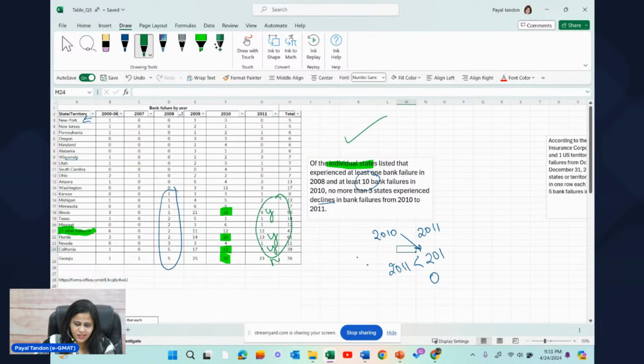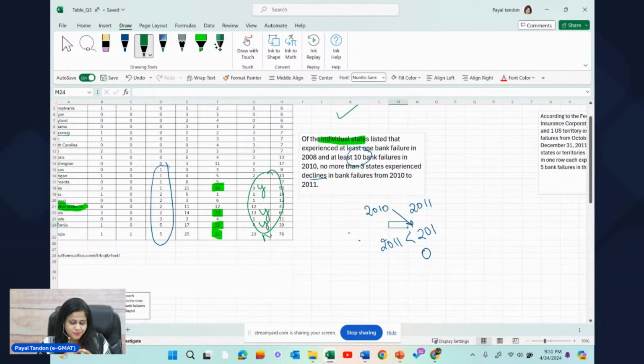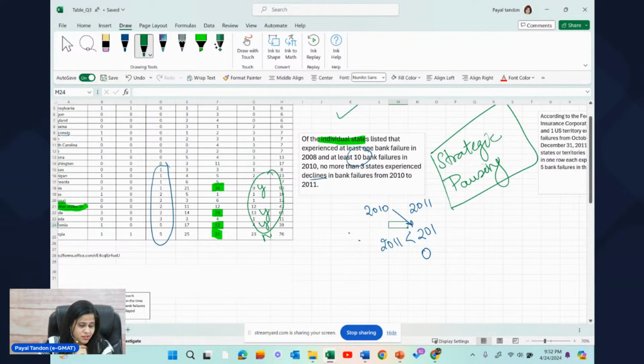Okay. Now let's take a look at how I went about solving this question. Because what I did was, again, exactly what I did with question number one. As I was reading the question statement, I was reading it utilizing strategic pausing as a technique. Now, this is a very fundamental technique that we teach in our Master Comprehension course in eGMAT, and that's a foundational course for all of verbal, and as you can see, for Data Insights as well.